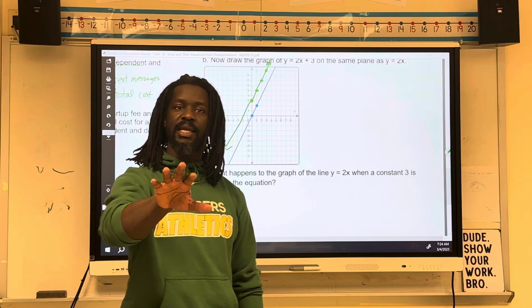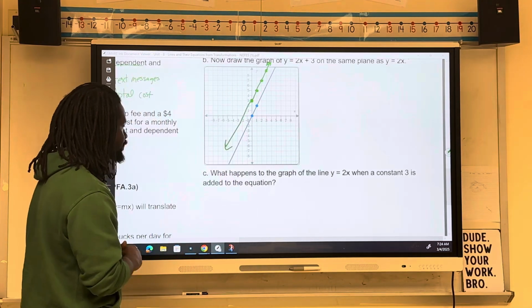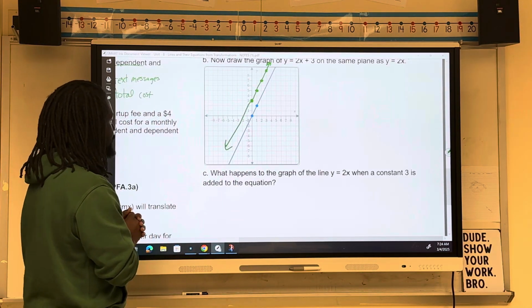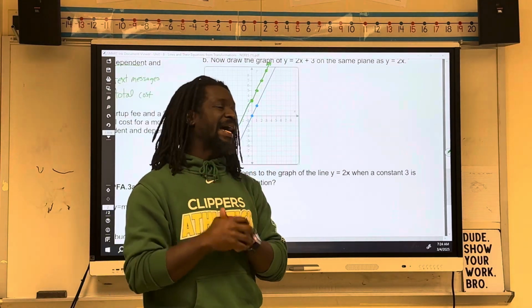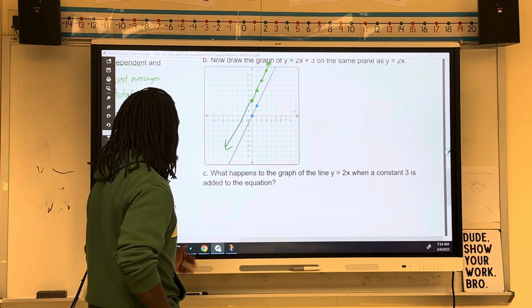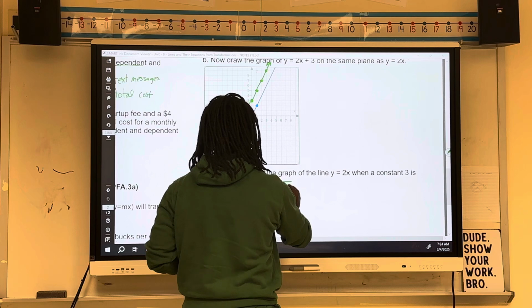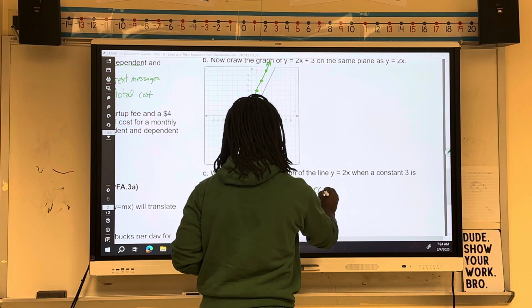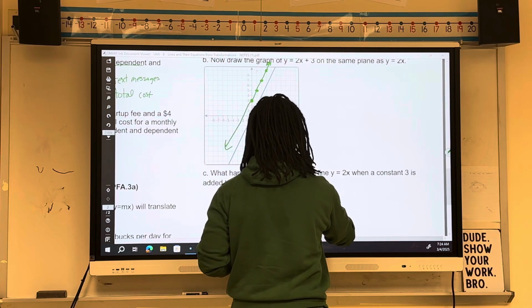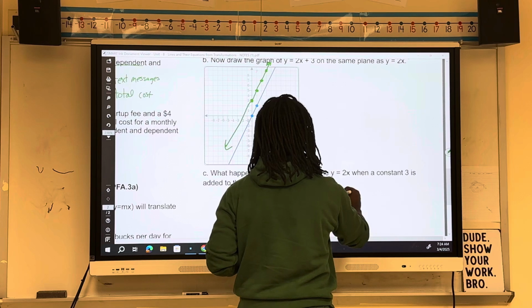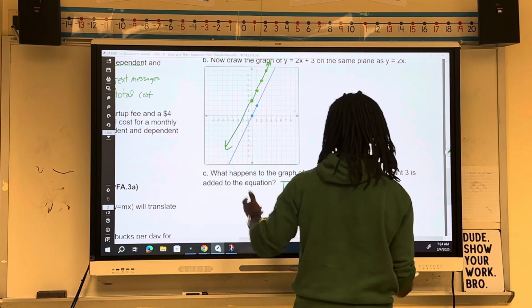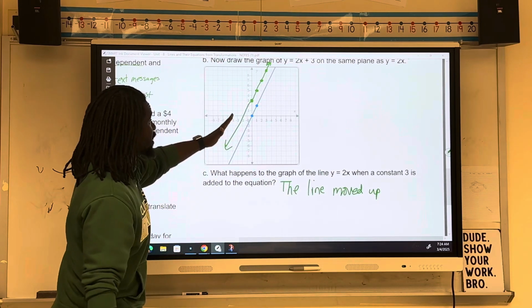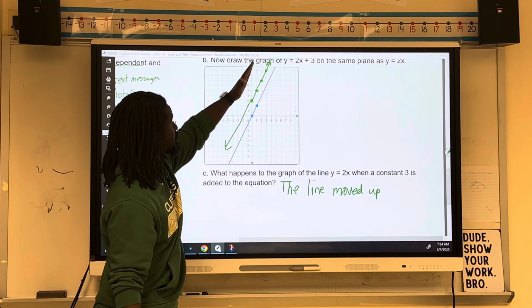Go ahead and pause it, and then write a response here. All right, cool. And so maybe you said something to the effect that the line moved up. Yeah, you said the line moved up, right? So it was here, now it would be shifted up.